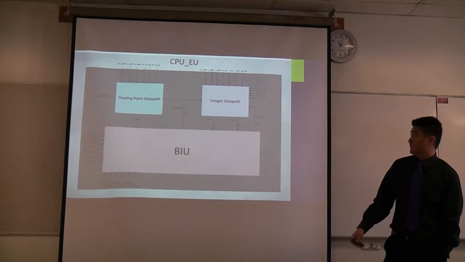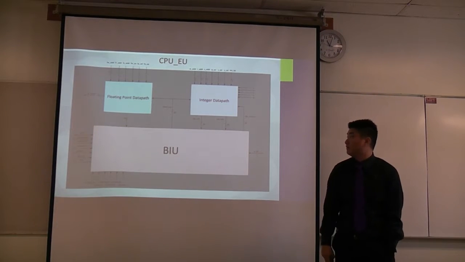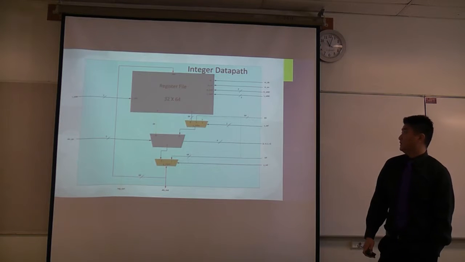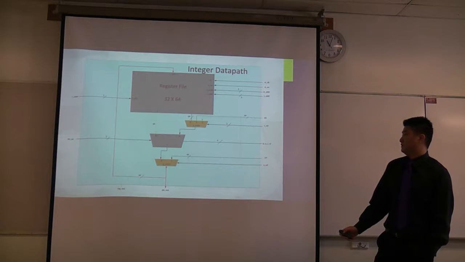And then here's the execution unit, which has the bus interface unit, the floating point data path, and the integer data path. Here's a zoom in of the integer data path, which has the register file, a couple muxes, and the ALU.